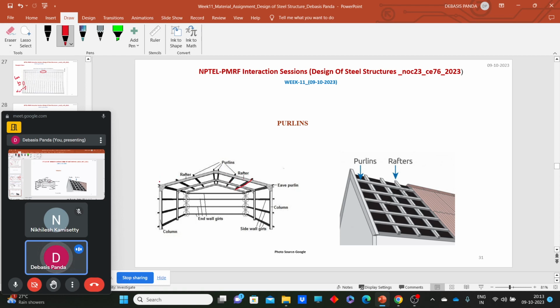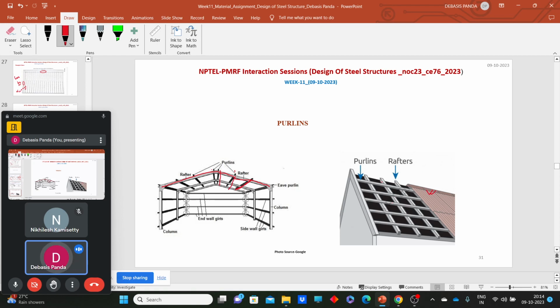This inclined part of a roof truss is called the rafter, and above this rafter the purlins are placed longitudinally, and on top of the purlins the corrugated sheet or cover sheets are provided.